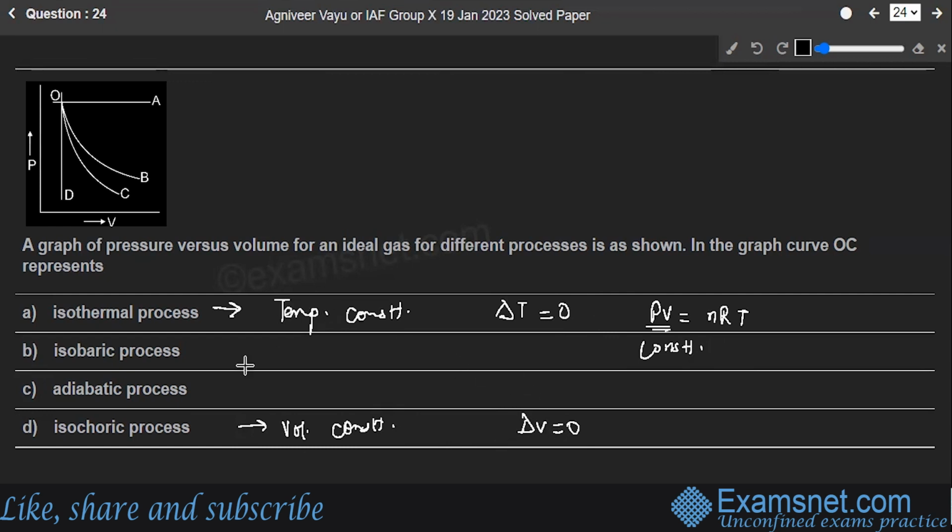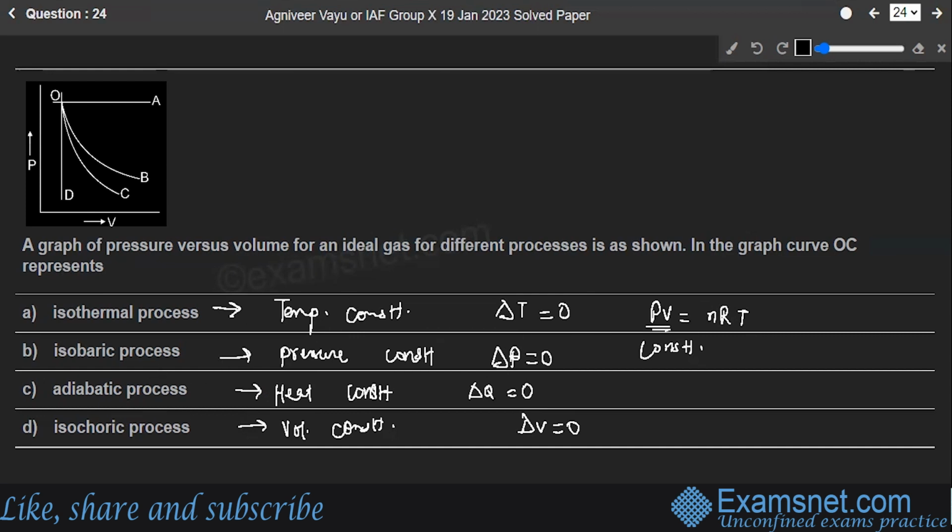In this, pressure remains constant, which means delta P is equal to 0. And then you have the adiabatic thermodynamic process in which there is no transfer of heat. Delta Q is equal to 0.